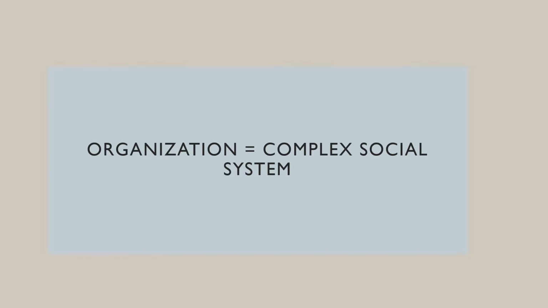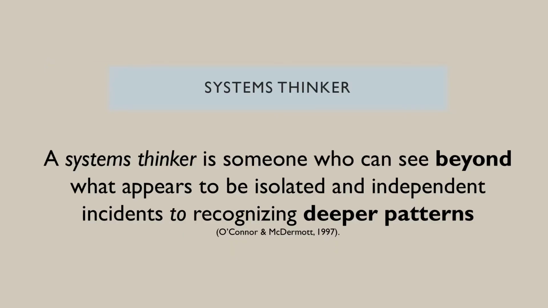So what does it mean when we're trying to be a systems thinker or develop a systems thinking mindset within an organization, specifically when we're talking about how to address organizational change? So a systems thinker is defined as someone who can see beyond what appears to be isolated and independent incidents to recognize deeper patterns.